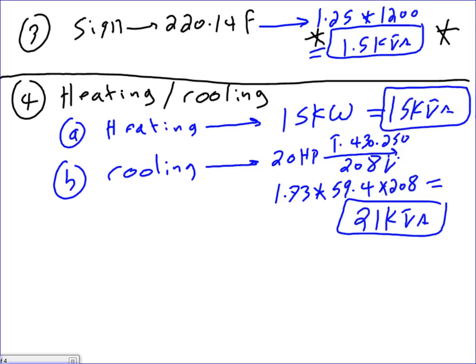Please check that one too. So I have a heating of 15 and a cooling of 21 kVA, non-simultaneously used equipment. Then you will use, I'm going to say, demand.